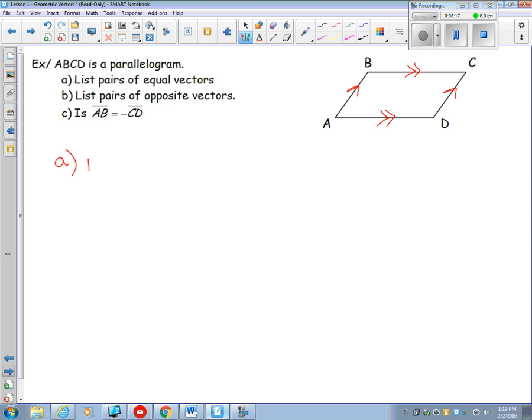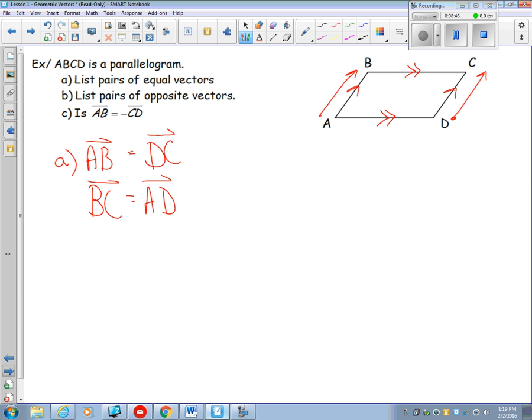So I could say AB, that's a vector that goes from A to B, is exactly the same as DC, because DC is the same length in the same direction. And the order makes a difference here, right? My tails have to be in the same spots, my heads have to be in the same spots. I could say something like BC equals AD.